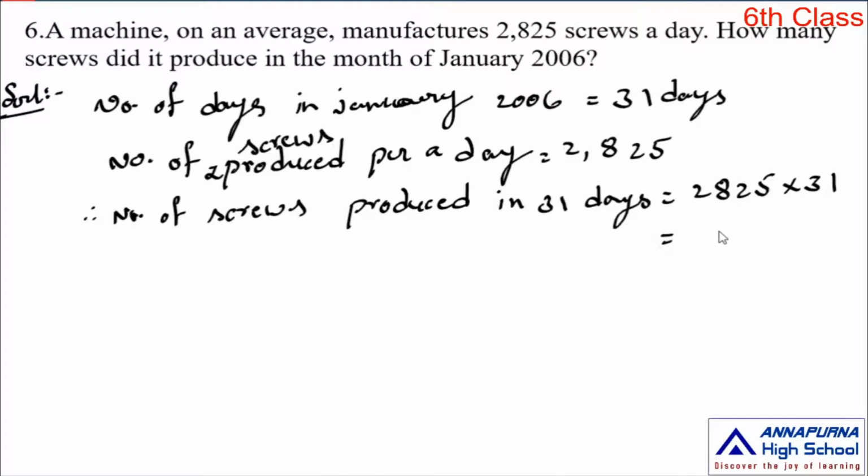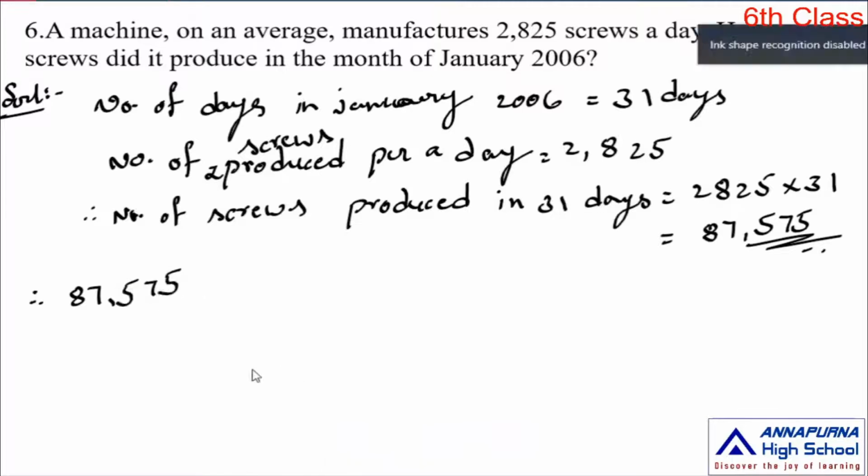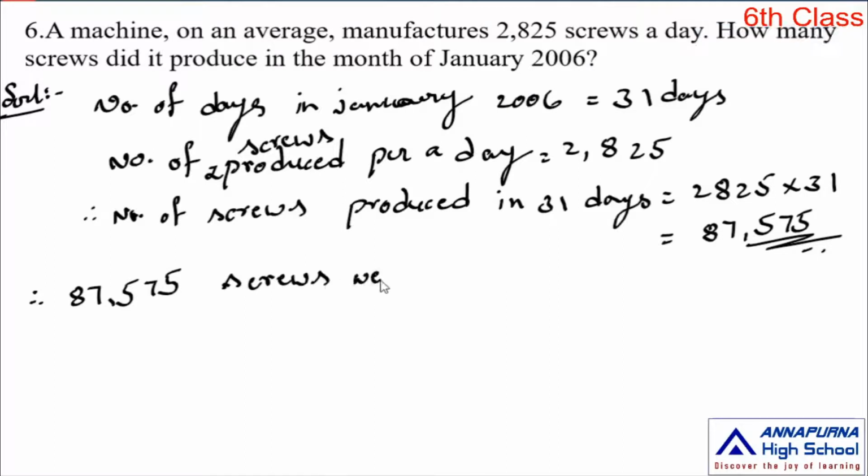What is the answer? 87,575 screws were produced. Therefore, 87,575 screws were produced in the month of January 2006.